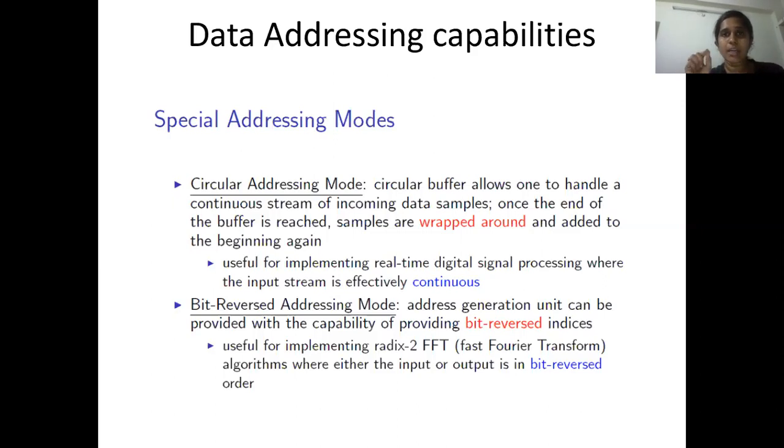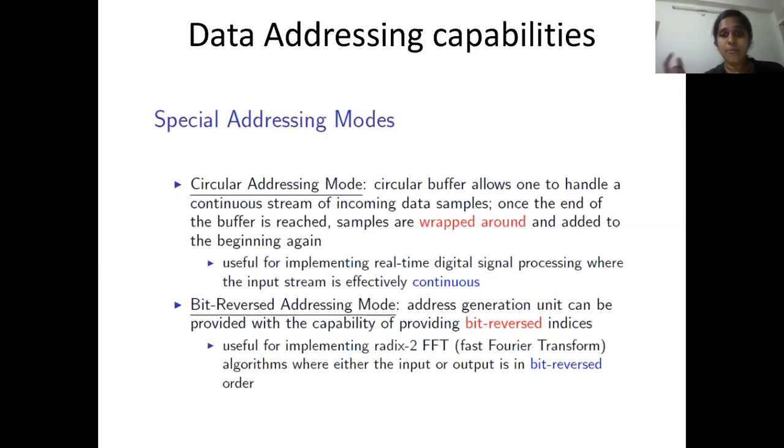Generally we write a binary number. For example, the decimal number 2 in binary is 010. If we reverse that, we call it the output index, 010. Again, reversing gives 010, so the output index for input index 2 is 2 itself.